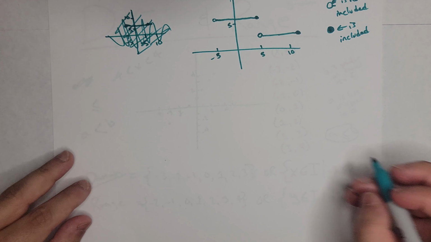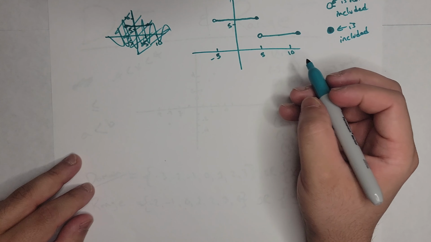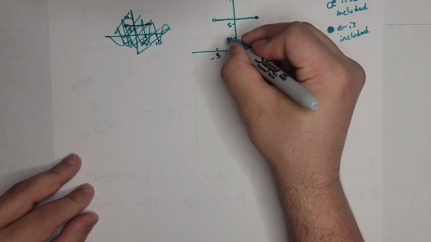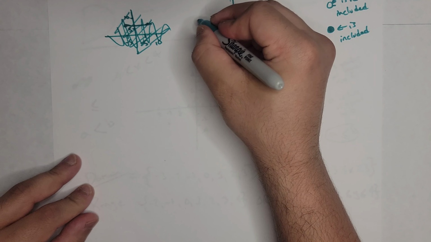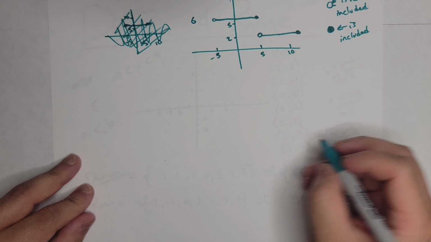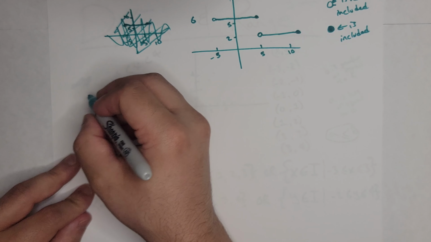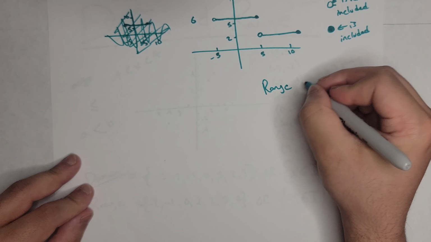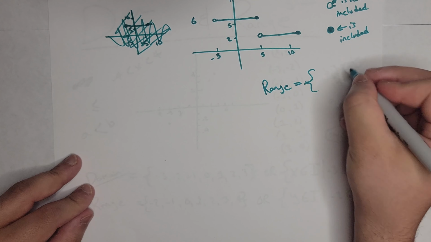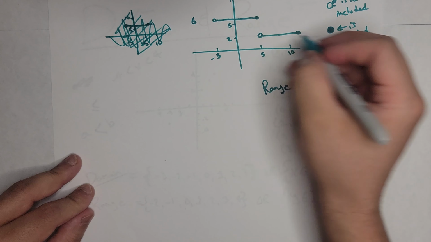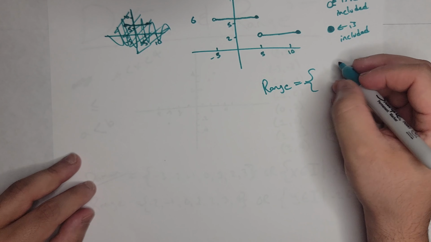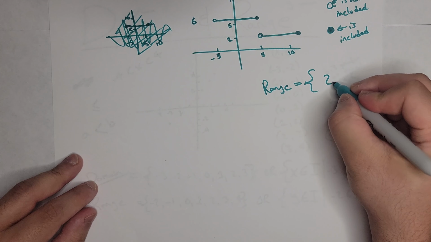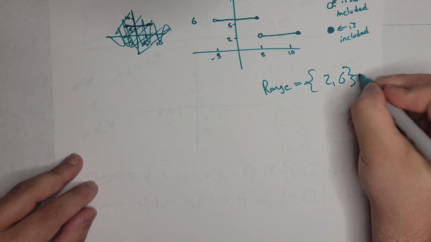So when we look at the domain for this, let's say this line happens at 2 and this line happens at 6 on the x, so right away we know the range, our y values for this particular function can only be 2 or 6.